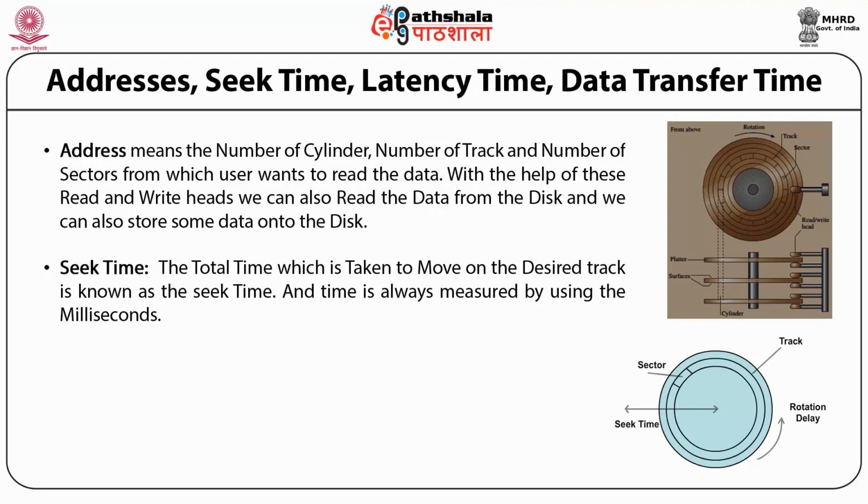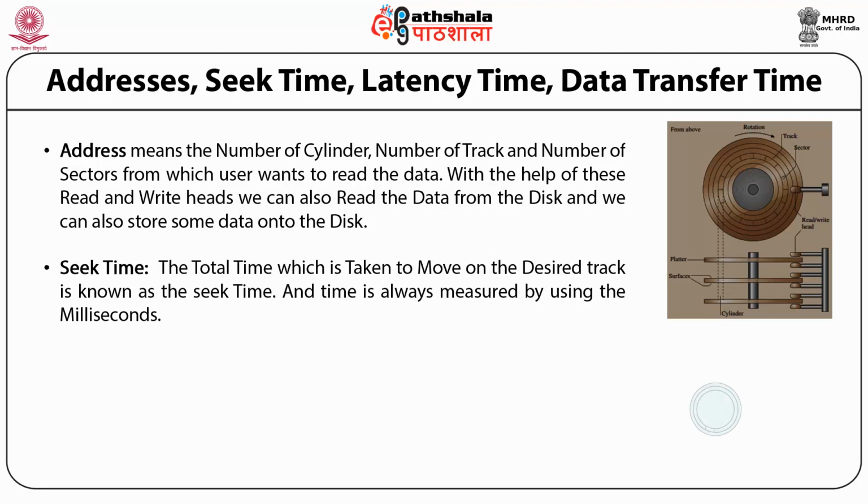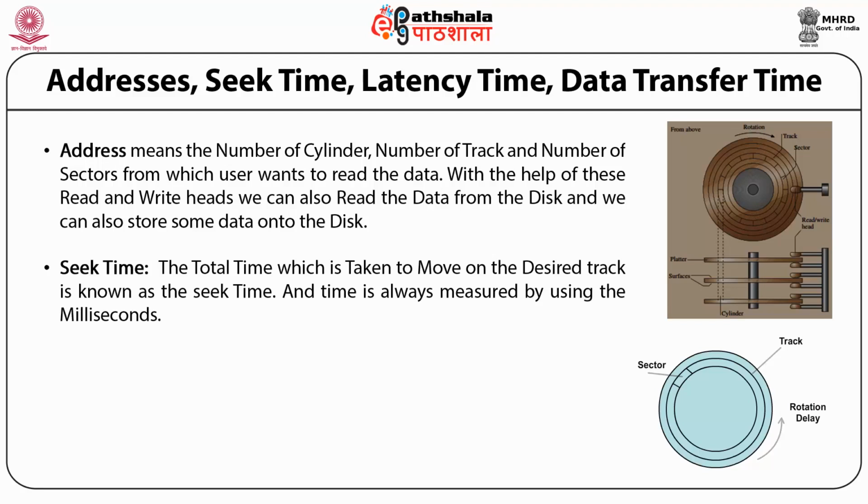There is an actuator with an arm that suspends a head that can transfer data with the medium. When the drive needs to read or write a certain sector, it determines in which track the sector is located. It then uses the actuator to move the head to that particular track.